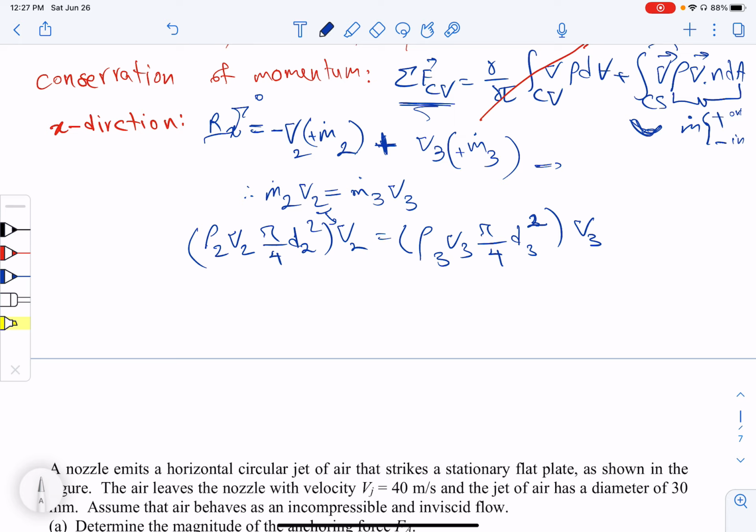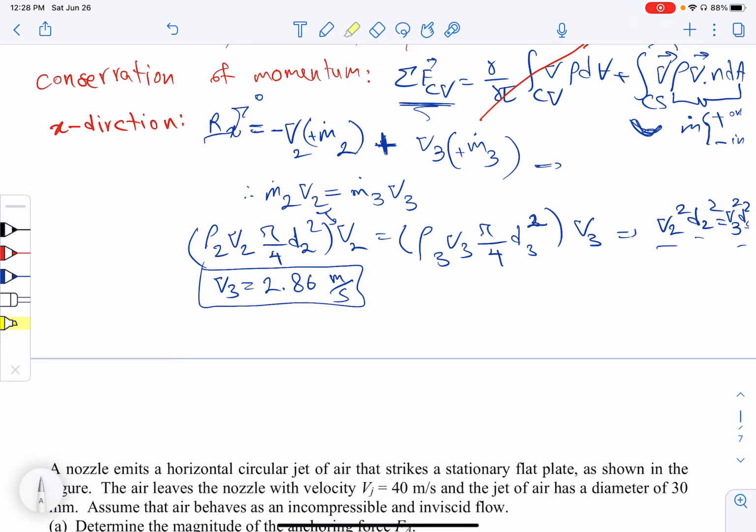Now if we simplify that, we get V2 squared d2 squared equal to V3 squared d3 squared. And from here, if you put in the diameters and the velocity of 2, we are going to get V3 as 2.86 meter per second.